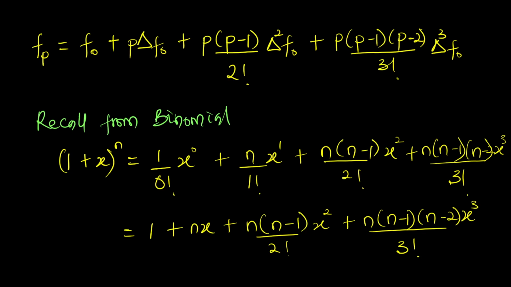Now, to represent this as our interpolating polynomial, our x would denote our difference operator. Here our x will become our difference operator and our n will become p. So this means wherever we see x, we are going to put delta, and wherever we see n, we are going to put p.